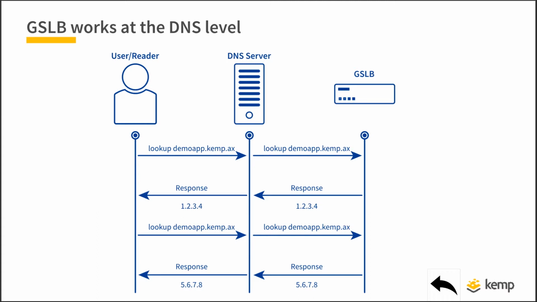And then as DNS requests occur, the rules like scheduling, persistence, and health checking come into play and allow you to control the responses that are given back. And these responses can be very dynamic, or you can have fixed responses, based on all kinds of criteria that we'll talk about in a minute.